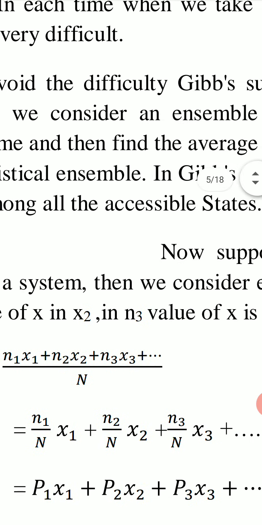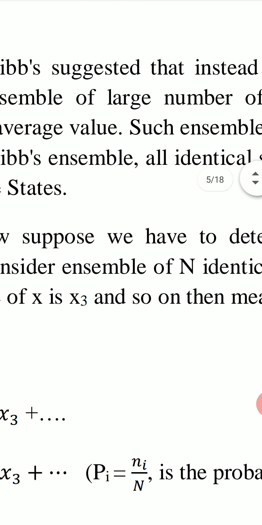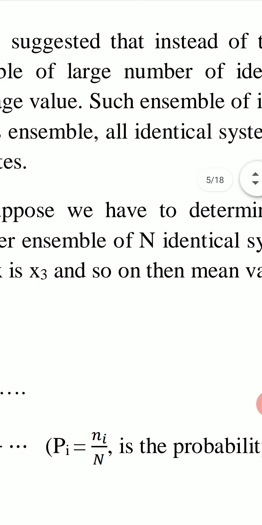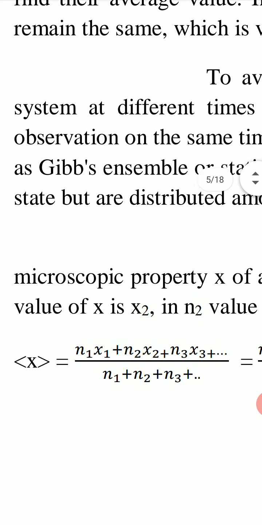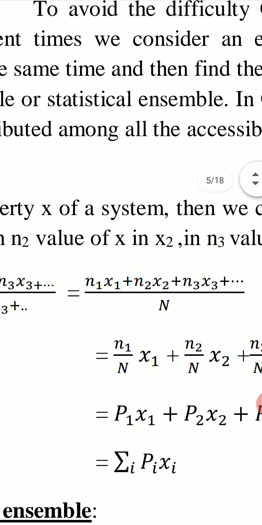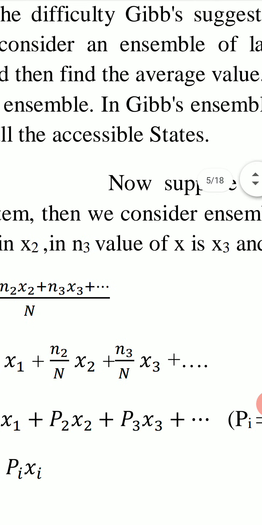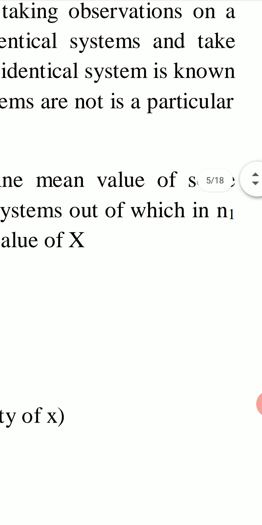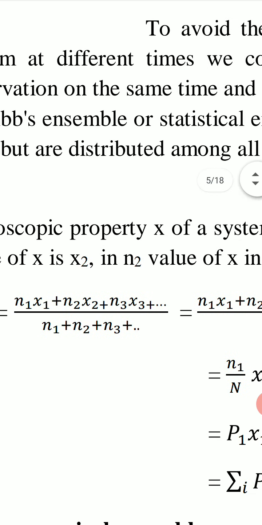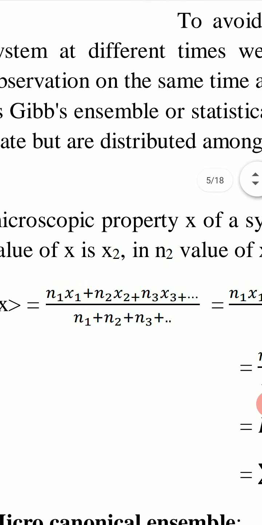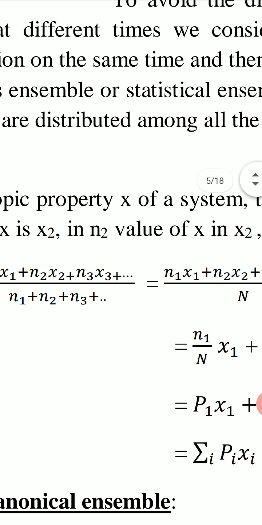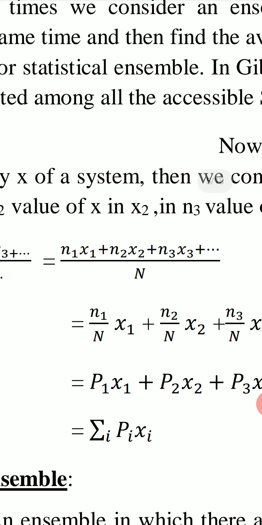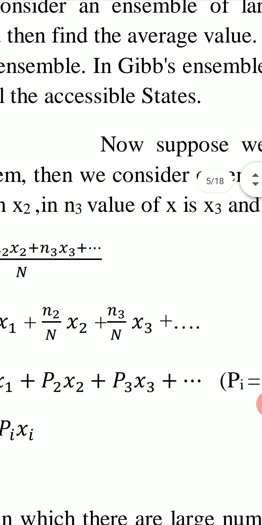To avoid the difficulty, Gibbs suggested that instead of taking observations on a system at different times, we consider an ensemble of a large number of identical systems and take observations at the same time and find the average value.